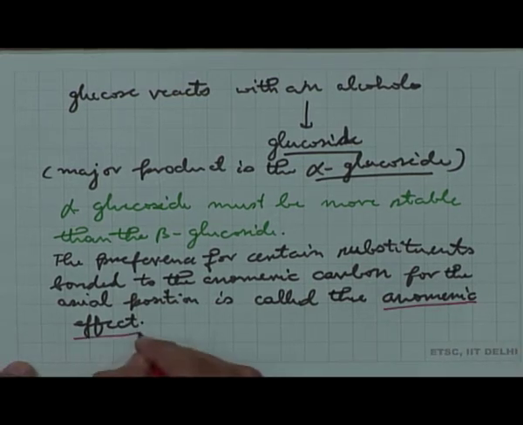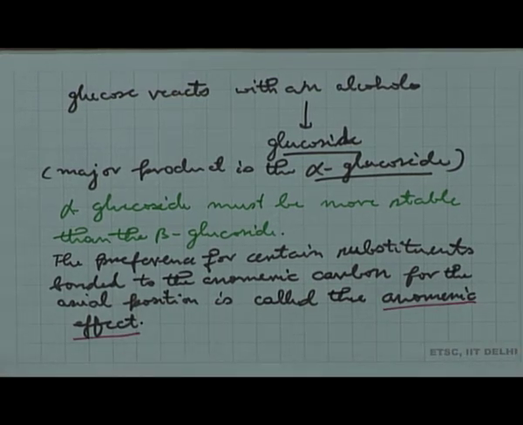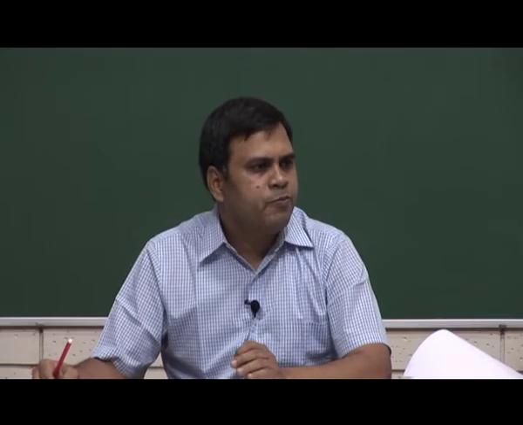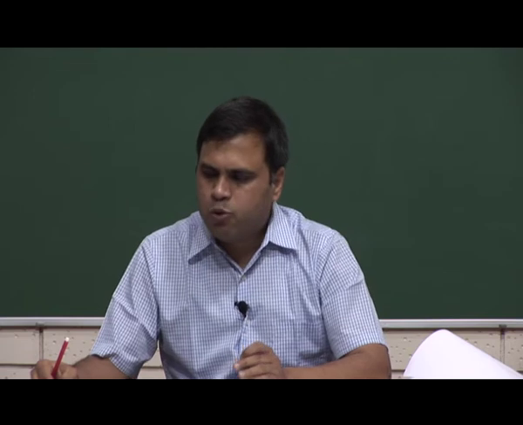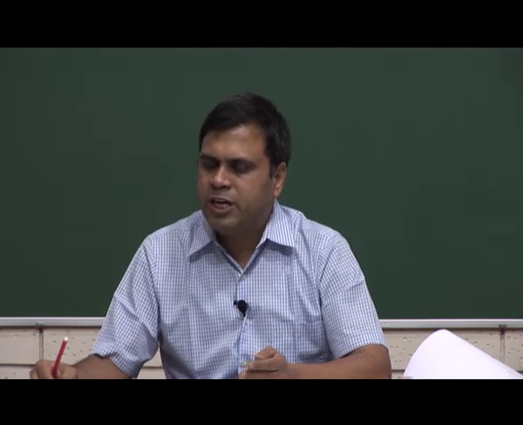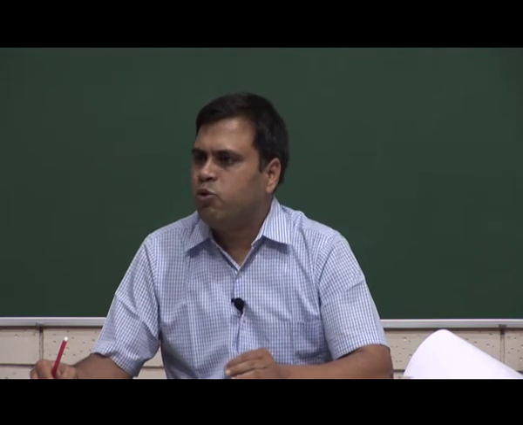What is this anomeric effect? Because that only can suggest why so much preference is there for the alpha D glucose. As I have already mentioned, formation of alpha glucoside is more during the reaction in comparison to the beta glucoside.